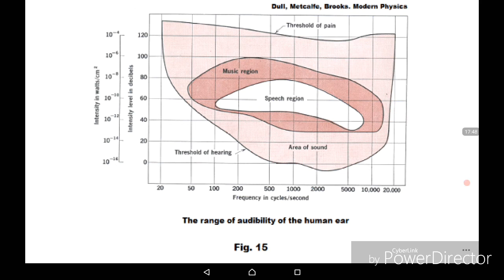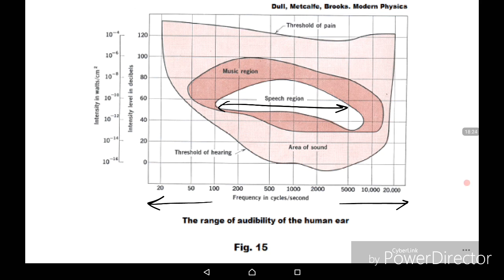The range of audibility of the human ear is shown here. The lowest frequency is about 20 or 50 hertz at the left part of the graph, and the highest frequency that the ear can hear is 20,000 hertz at the right part of the scale. The threshold is different for different frequencies. The lowest threshold and the highest sensitivity is in the speech region.